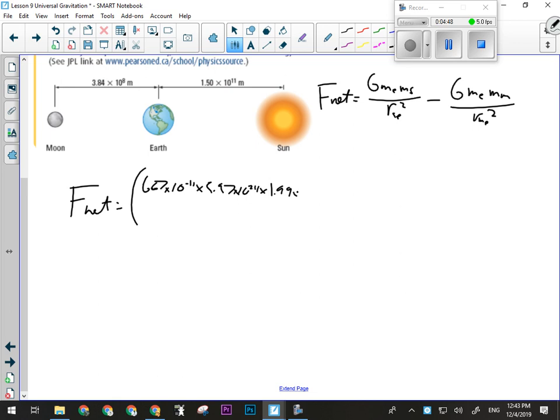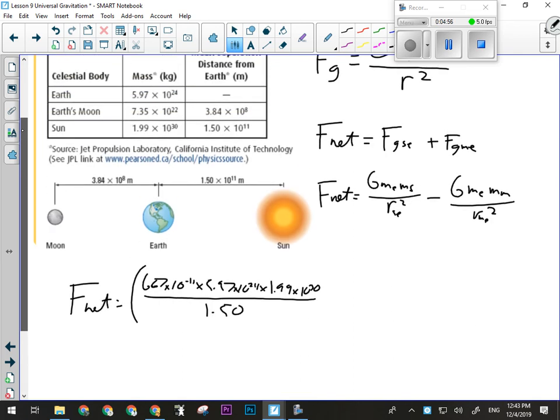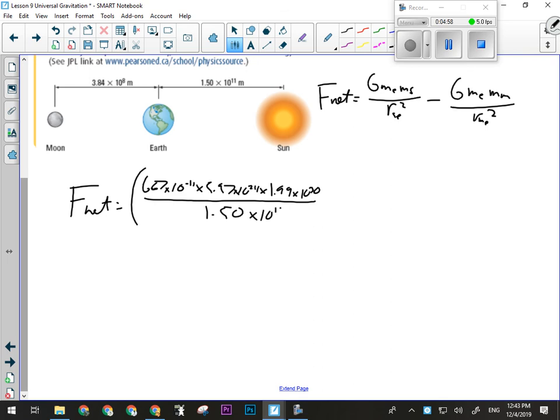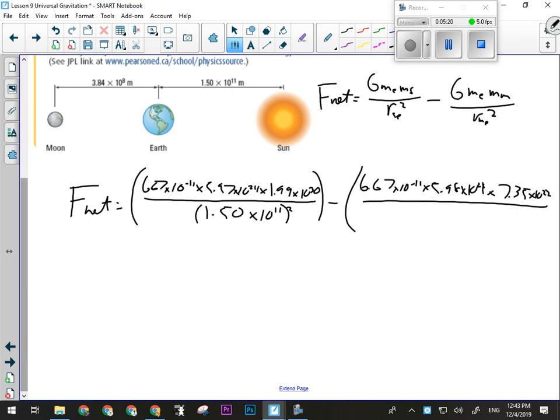That's the mass of the Sun, divided by 1.50 times 10 to the 11 squared, minus 6.67 times 10 to the minus 11 times 5.98 times 10 to the 24 times 7.35 times 10 to the 22, that's the mass of the Moon, divided by 3.84 times 10 to the 8 squared.